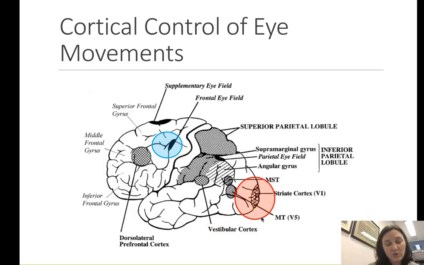The striate cortex, remember, is involuntary, and that's more responsible for just following whatever object your brain's interested in looking at. The frontal eye fields is voluntary. That's how you tell your eyes, hey, I want to look over there, and now I want to look over there. That is very volitional and very frontal lobe. So that makes it a little bit easier to remember where these are coming from.